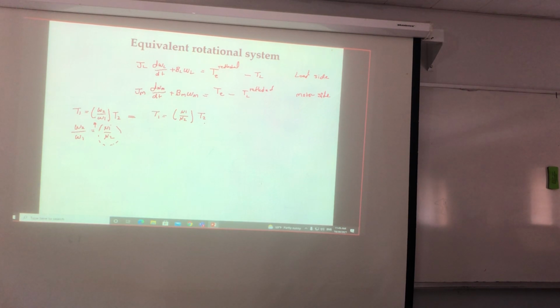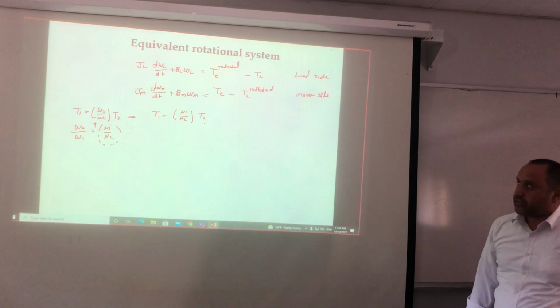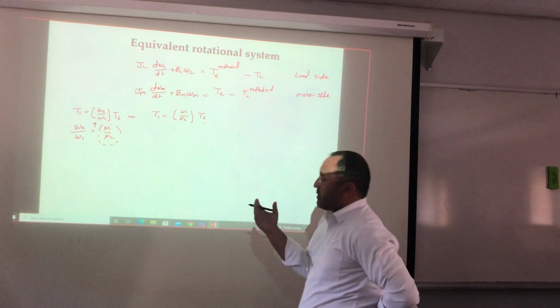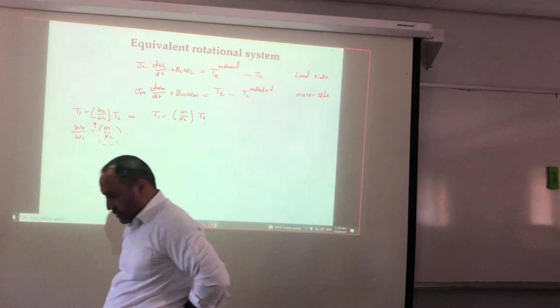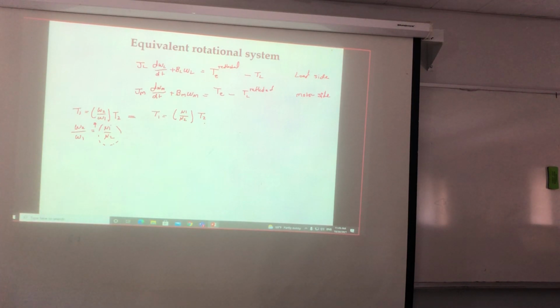Now, if I need to write a single equation, I need to find something we call the equivalent inertia and the equivalent viscous friction. How can I find the equivalent inertia?